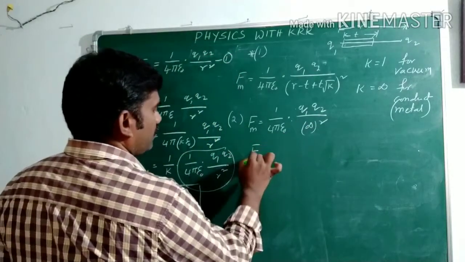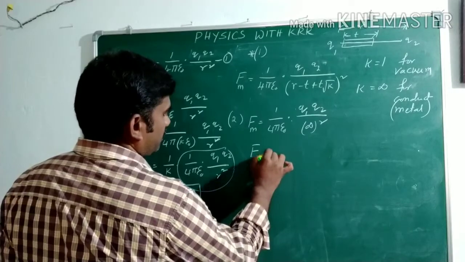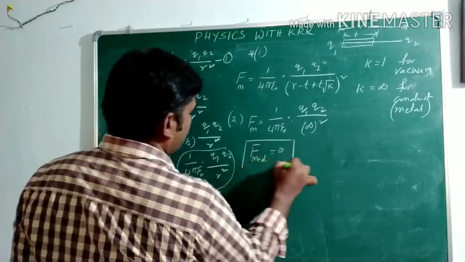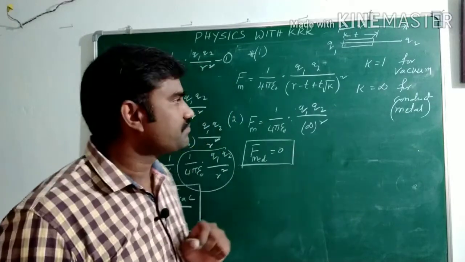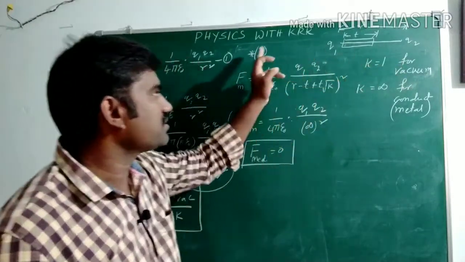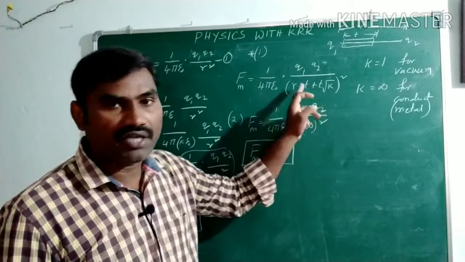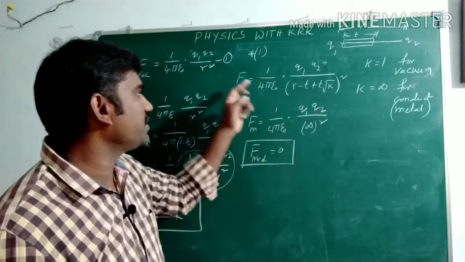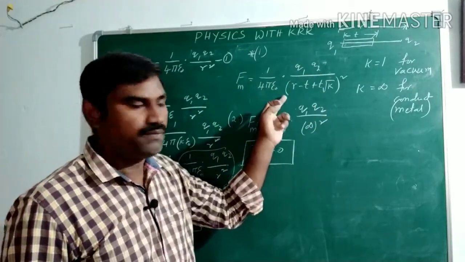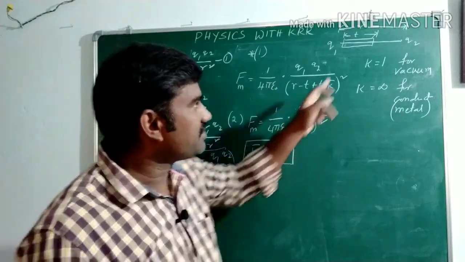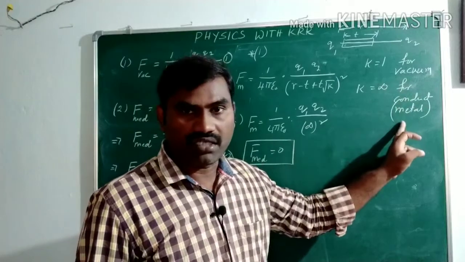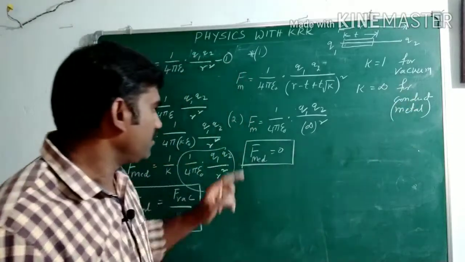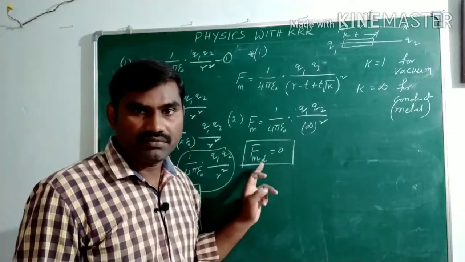So now force between the charges in the medium becomes 0. When a dielectric slab is introduced between the charges, the force decreases because this denominator value is increasing, because of that medium force is decreasing. But when a conducting slab is introduced between the charges, because k is equal to infinity for metal or conductor, then force between the charges becomes 0.